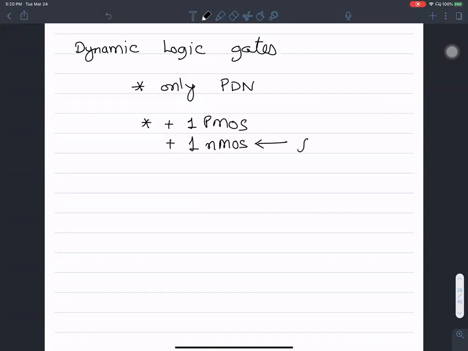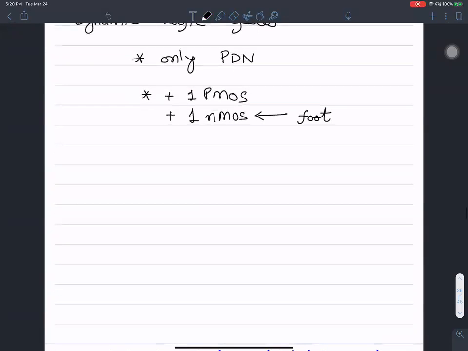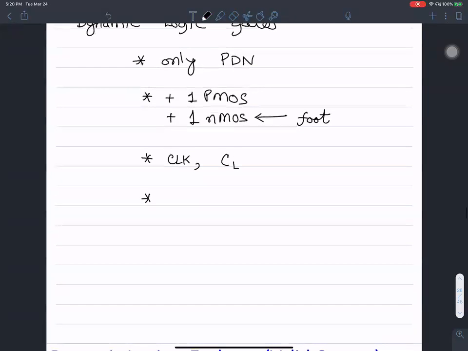This NMOS is also called the foot, and it also has a clock and a load capacitance. When the clock value is 0, I'm in the pre-charge phase, and the output is not valid.